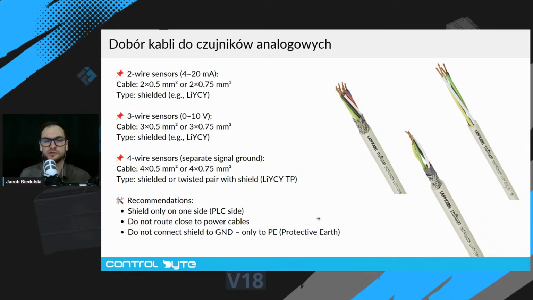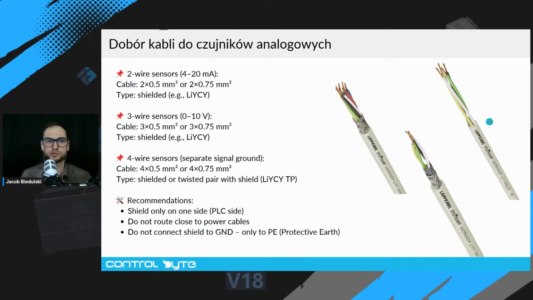Okay, so what are possible wires that we can use in our signal paths? Here on the right, you can see 3 types of wires. The first on the right is the non-shielded cable, LIYY, from Lapp Kabel.